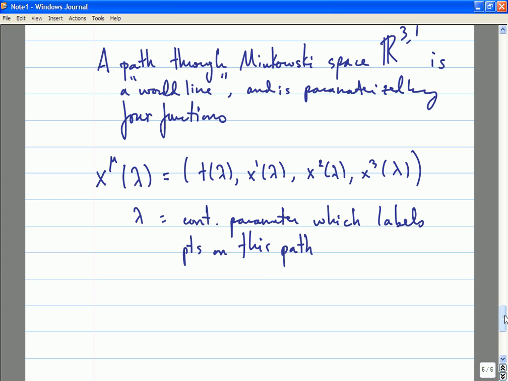This is a physics class, not a math class. So when I say words like continuous and smooth, they mean exactly what you think they mean. If in your mind you have some very complicated definition that you might have learned in some math class, that's fine. You are welcome to that definition if you please. If you have no such definition in your mind, that's fine. Also, it just means what you think it means.